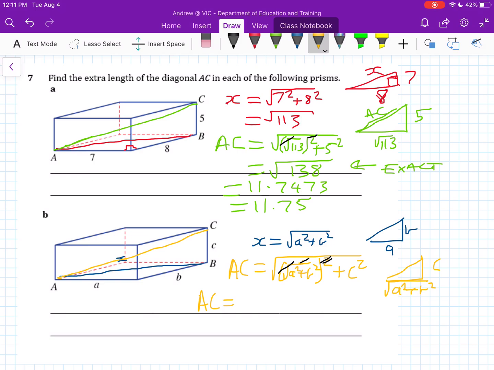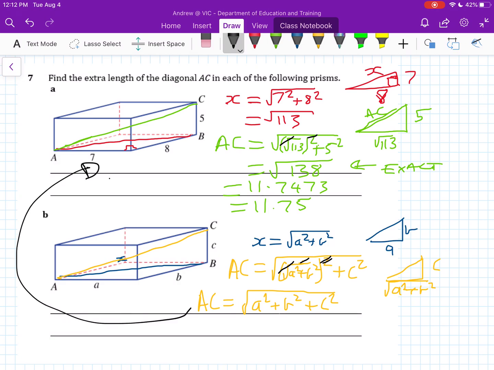This here is going to be equal to the square root of a squared plus b squared plus c squared. So you can actually use this for the exact same examples. If you use the values up here, you would end up getting this answer here. So this actually gives you a formula to use whenever you encounter the same problem.